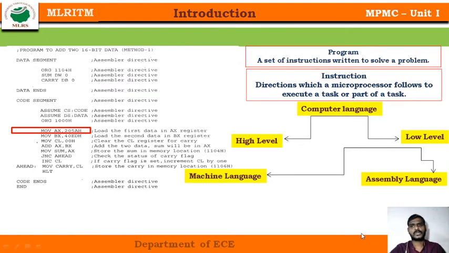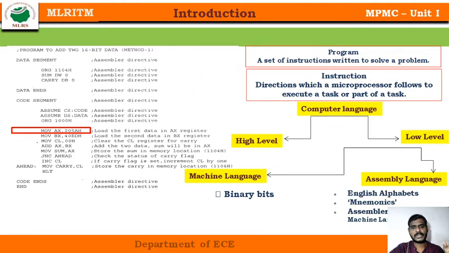When we come to low level programming, there are two types: machine level language and assembly level language. In machine level language, only binary bits are there, where a processor can understand only zeros and ones.